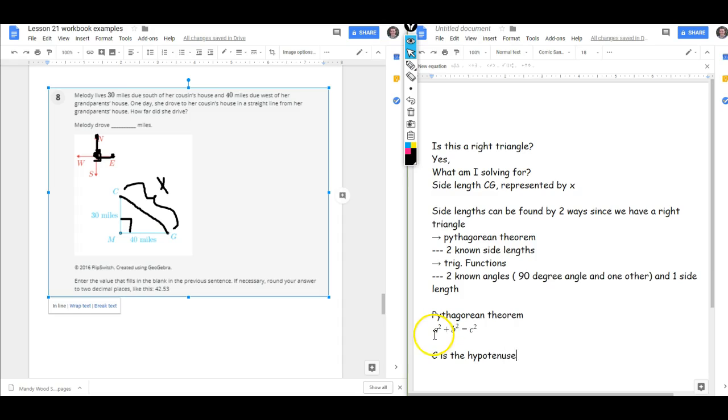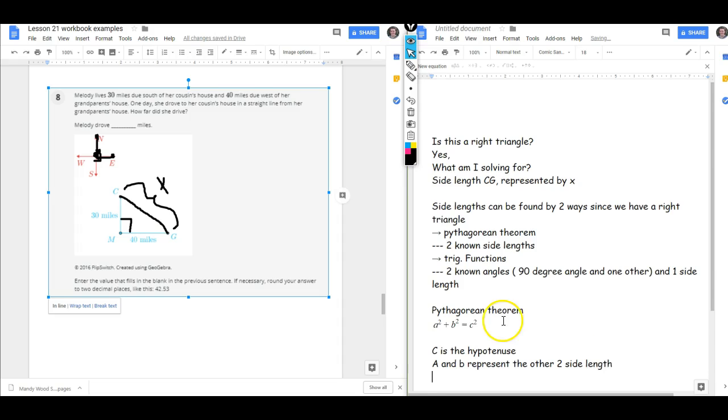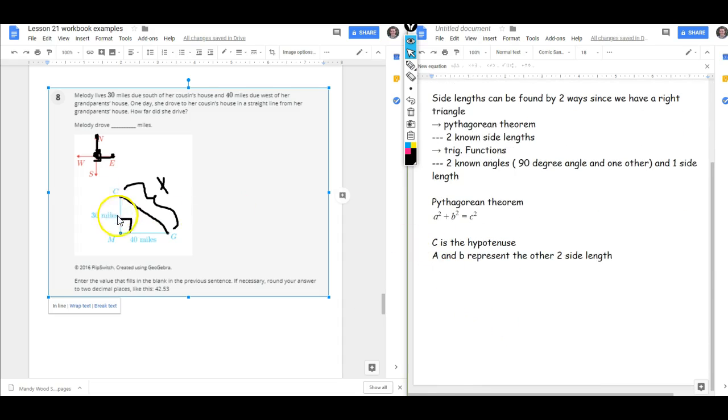The other 2 are just the side lengths, and they could be labeled whatever they are. So a and b represent the other 2 side lengths. The hypotenuse is always across from the 90-degree angle, so this is technically little c. For a and b, the order doesn't matter.